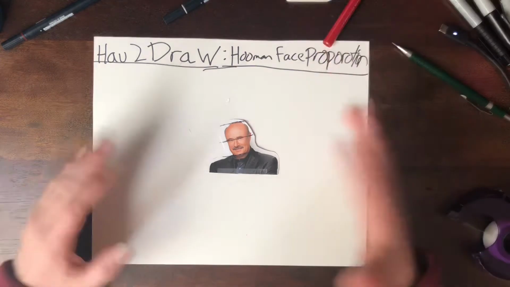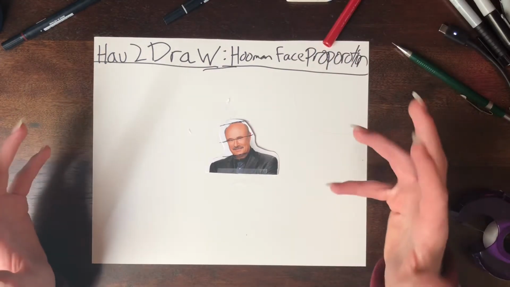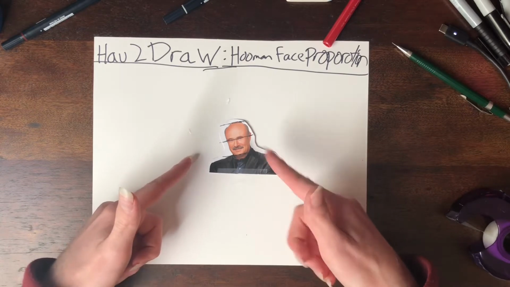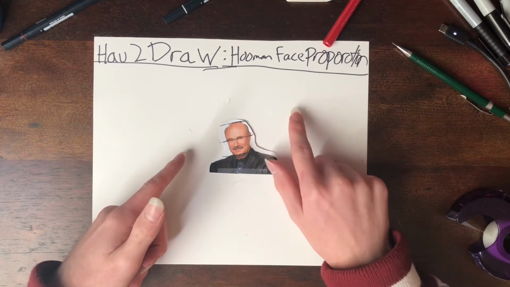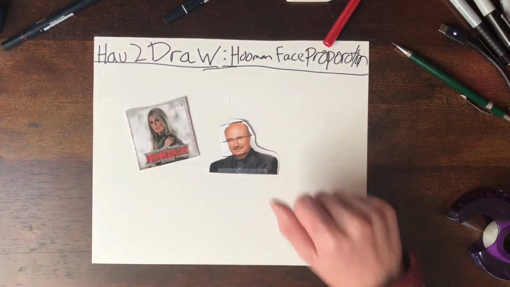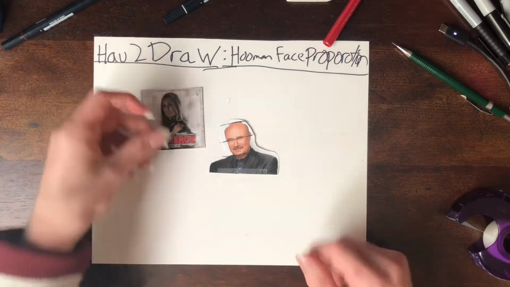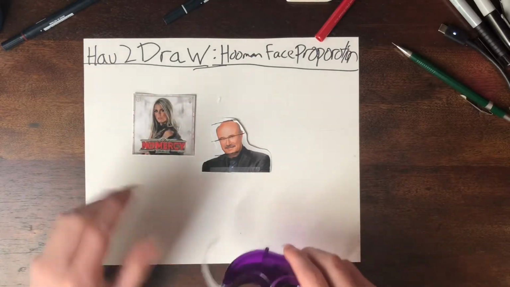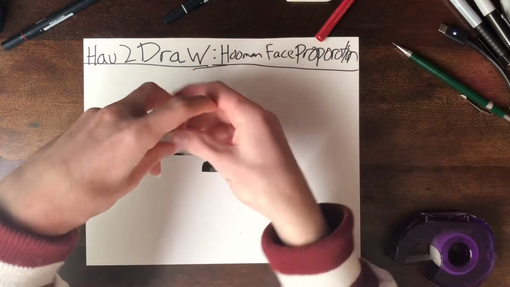So basically what you can tell is that by the way humans are made, the eyes are always in the middle. Now this is where a lot of people get thrown off when they're drawing, because for example, if we look at this lady over here on this album cover, she's cool, she makes doot noises, right? Gotta tape this down too.